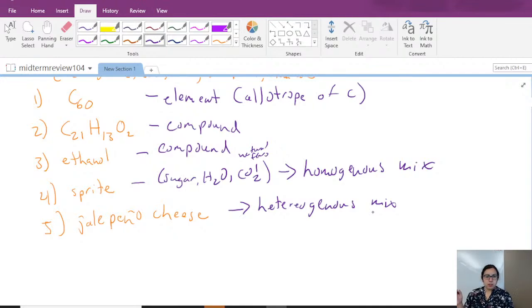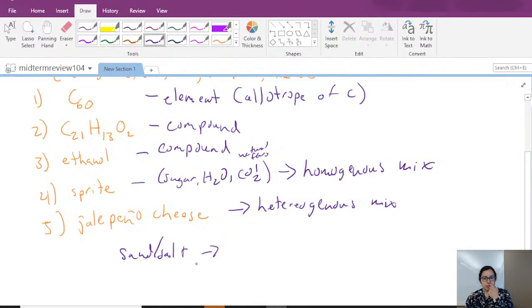Well, so that's kind of the tricky part. I did want to talk about this because with the lab, if you remember the sand salt mixture, a lot of people put that the sand salt was heterogeneous because they could be separated, but that's just because they can be separated. Like any mixture can be separated.